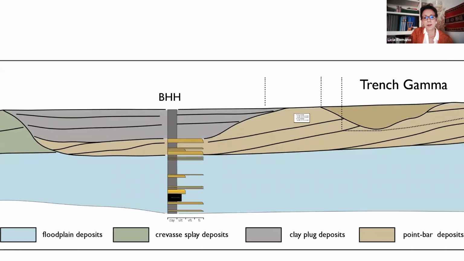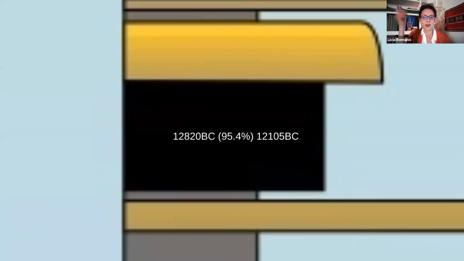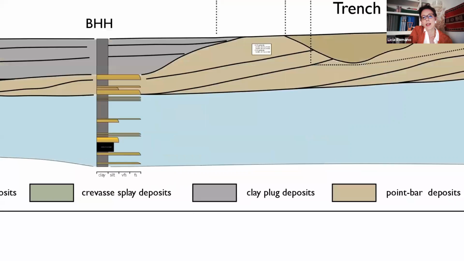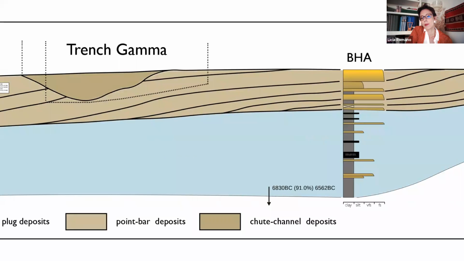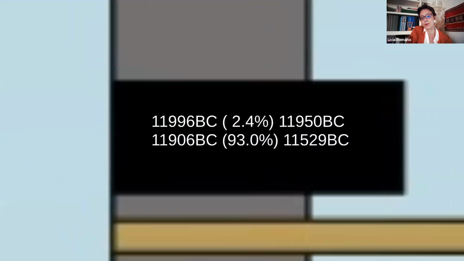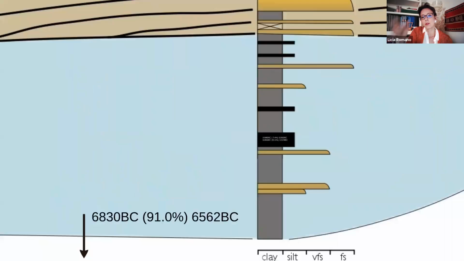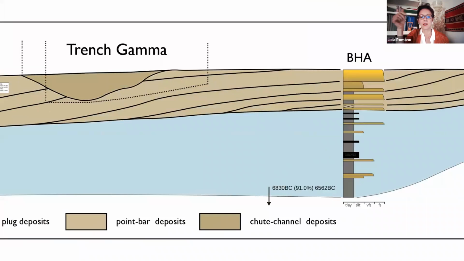But when we dated it, we discovered a really strange dating that is comparable to that of a similar layer that we found in the deep borehole we made with the borehole machine here. Thanks to Salvatori, Milli, and also to the dating of a lower layer that is dated around 7000 BC, we were able to understand what was happening here.